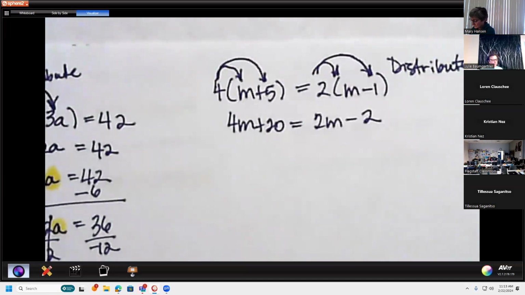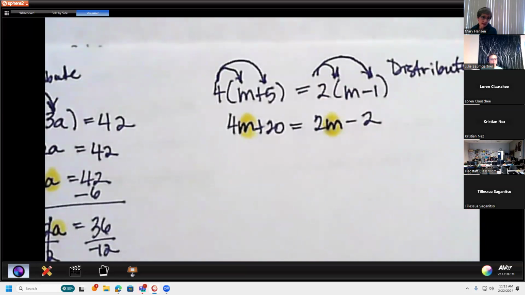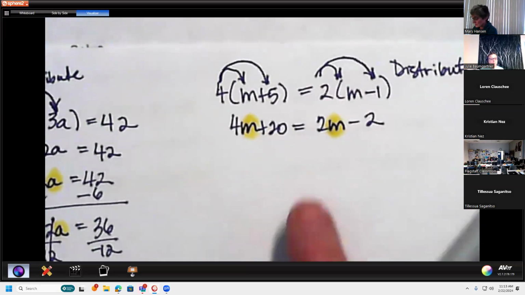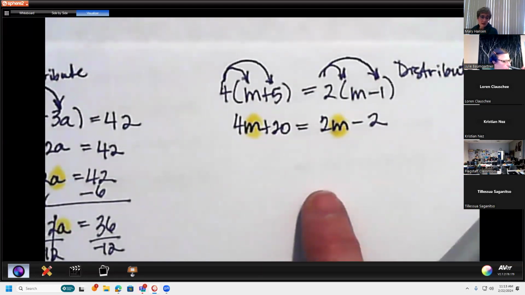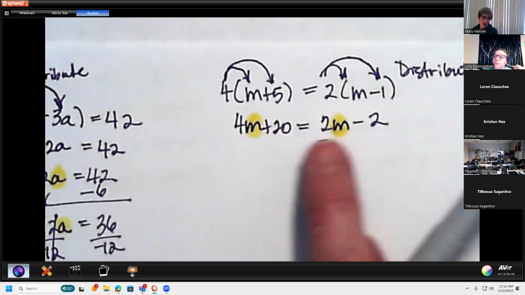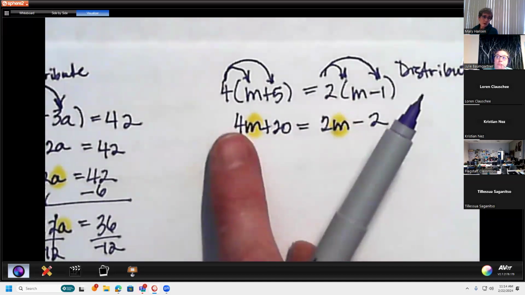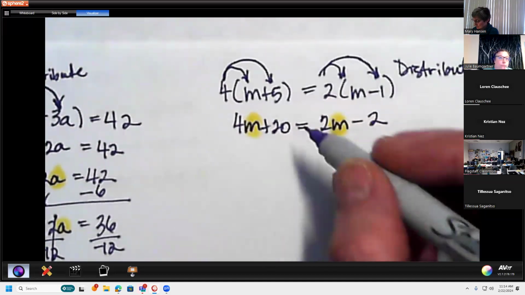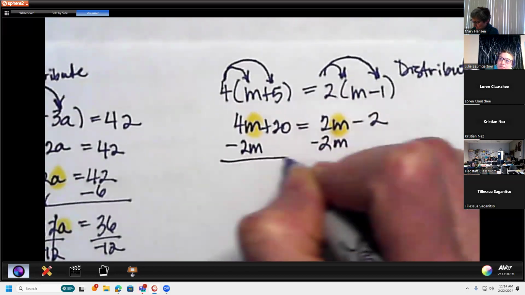Okay. This problem is like what we worked on Tuesday. We have m's on both sides of the equation. And so we've got to collect them up to where we only have m's on one side of the equation. Since this is a positive 4, and I would subtract 2 to get rid of this, 4 minus 2 is a positive number. So I'm going to subtract 2m from both sides.